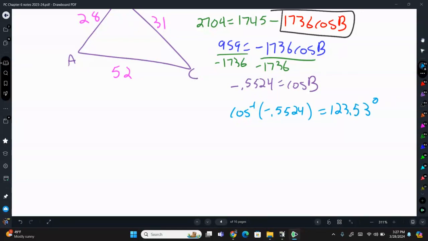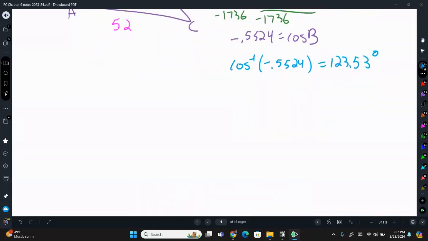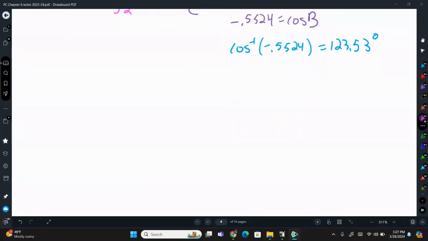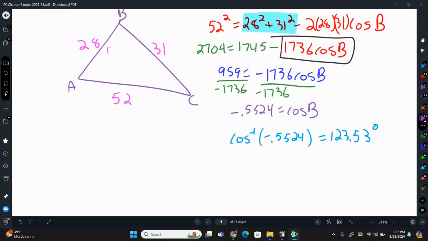So now we have one angle, and we can use that to find the others. And that one angle we found was bigger than 90 degrees. So that means none of the other angles can be bigger than 90, which allows us to use the law of sines without issue. So now I'm going to label that in here. It's going to be the sine of 123.53 over 52 equals, we're going to find the smallest angle next, so sine of C over 28.